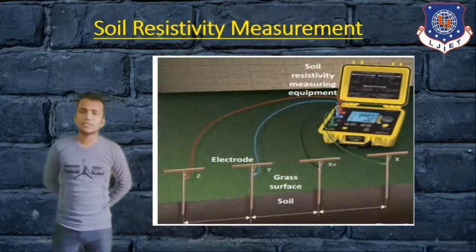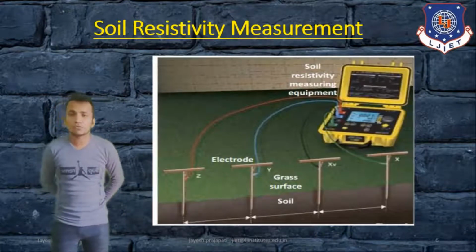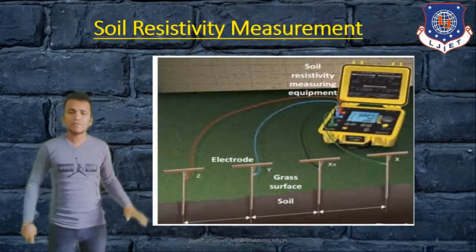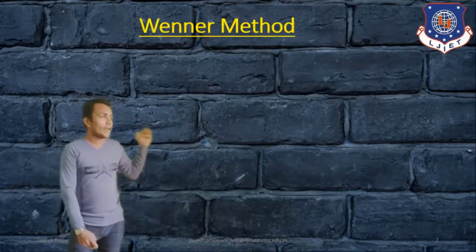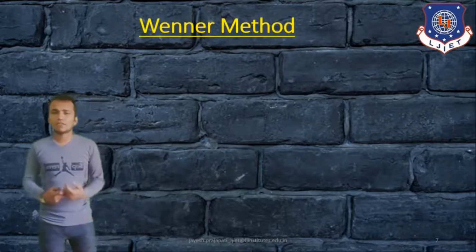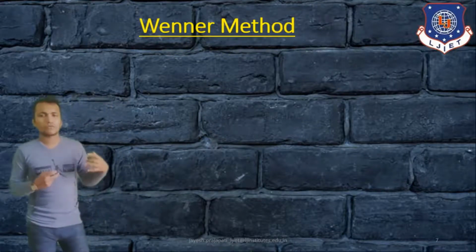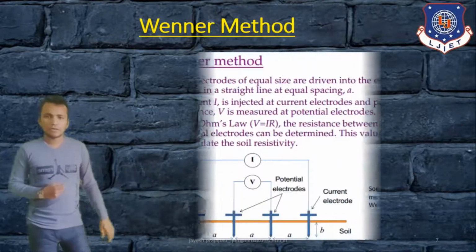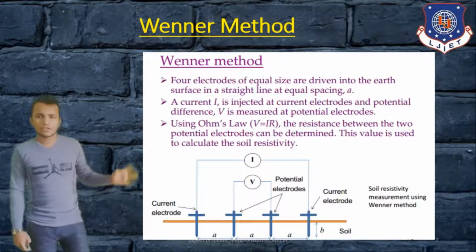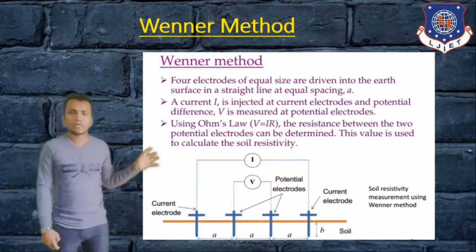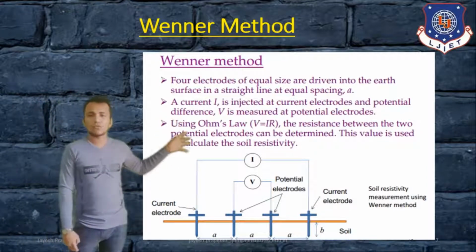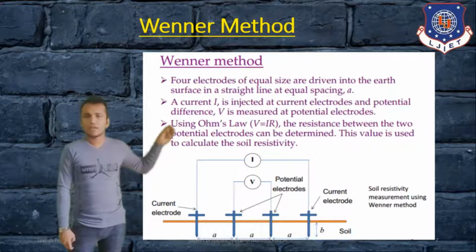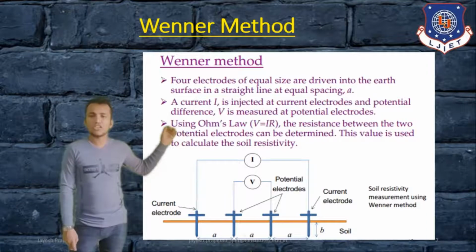Let us see the different techniques that can be used for soil resistivity measurement. The first is the Wenner method. In the Wenner method, 4 electrodes of equal size are driven into the earth surface in a straight line at equal spacing.